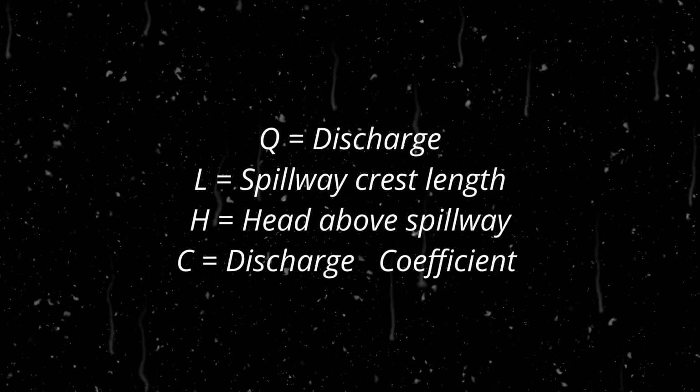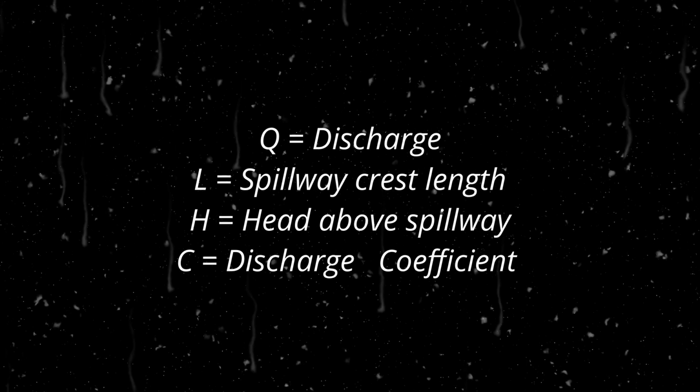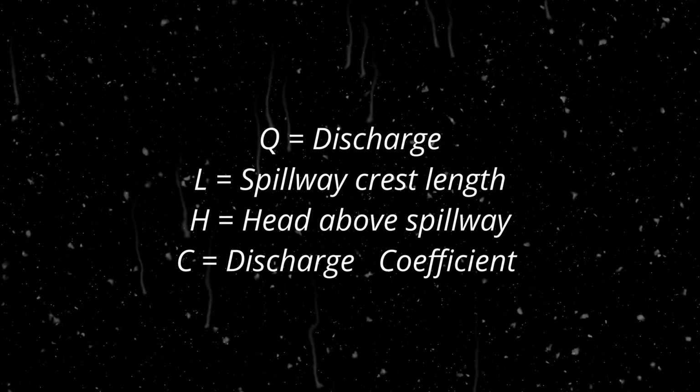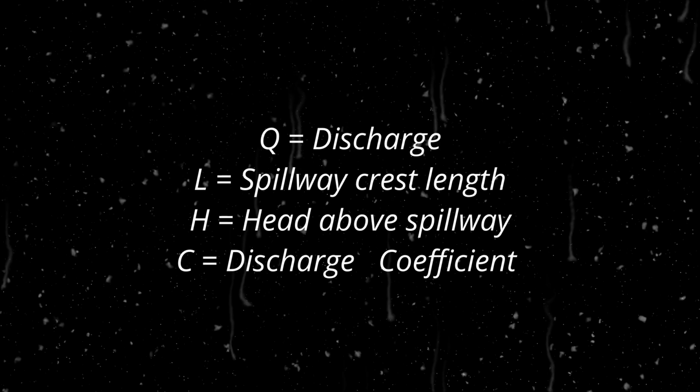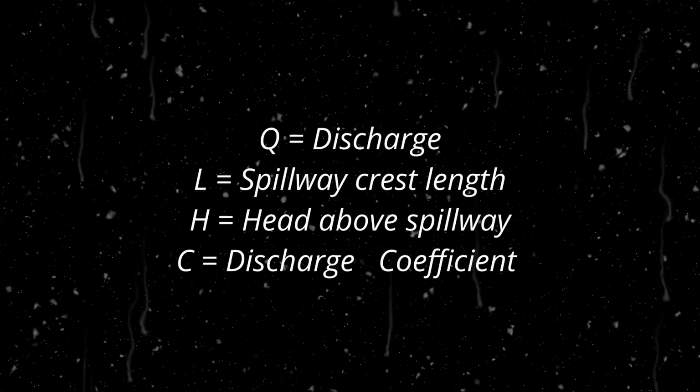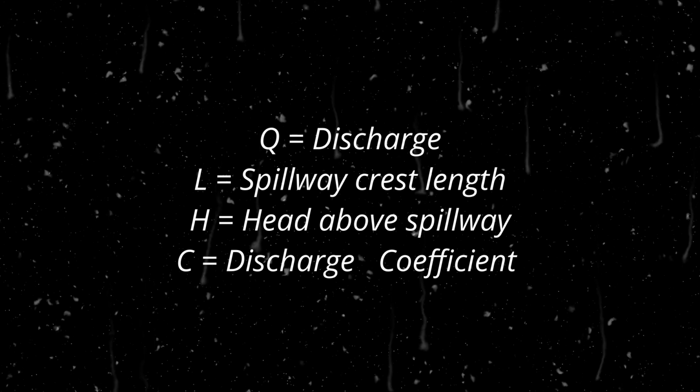It is the difference between the full reservoir level and the maximum water level, and that difference gives us the H. And C is the discharge coefficient, which is dependent on the shape of the ogee crest.